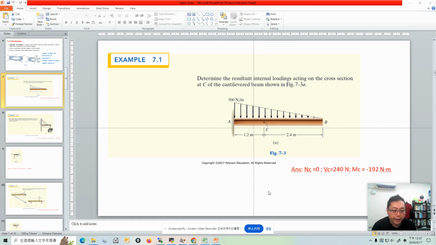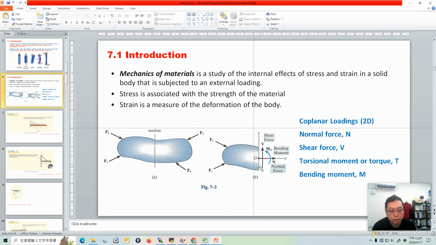Previously we said that when you apply external load to a material, the material will generate the shear force, the normal force, and sometimes also a bending moment.